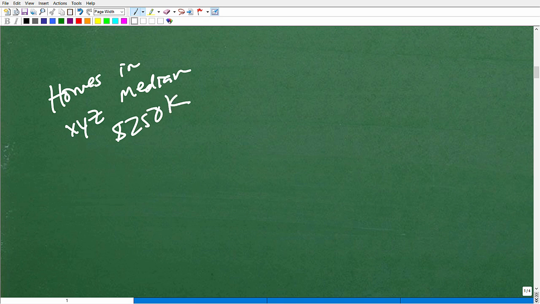So we got homes in XYZ area, the median home value in that particular area is 250,000. So what should we interpret from that? Well, now that we're experts in the median, you would interpret the following. Right in the middle, we have $250,000, our median.